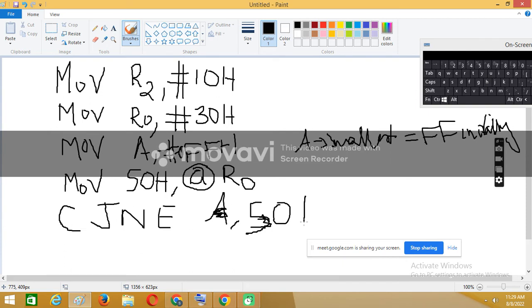50H. Fine? So what it does, it compares and jumps on not equal. My question is not to check whether they are equal or not equal. My intention is to check which is smaller, out of two things, one in A and another in memory location 50.